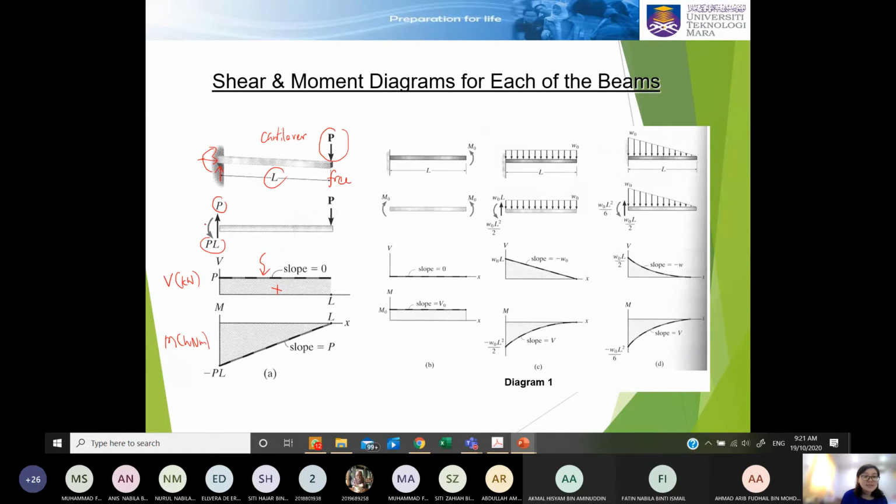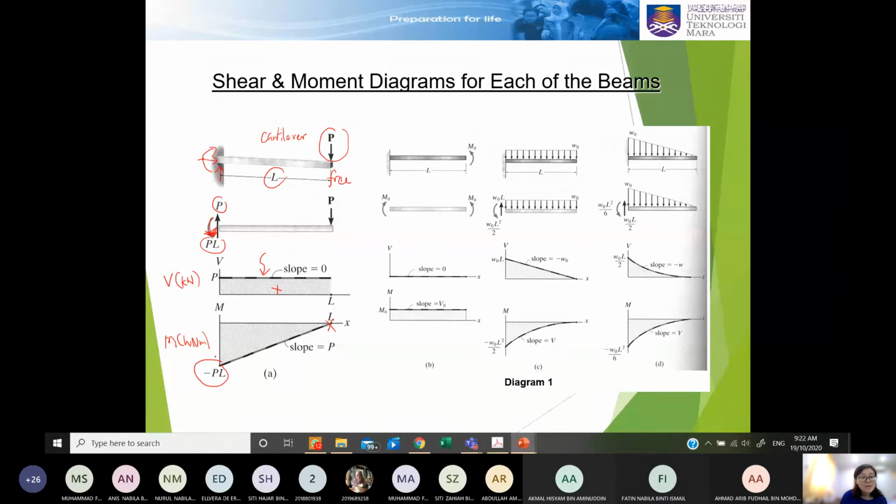This PL is a negative sign, so in this direction, this is negative. If you still remember our cut sections just now, we have a negative PL. At the other end, the moment is equal to 0.